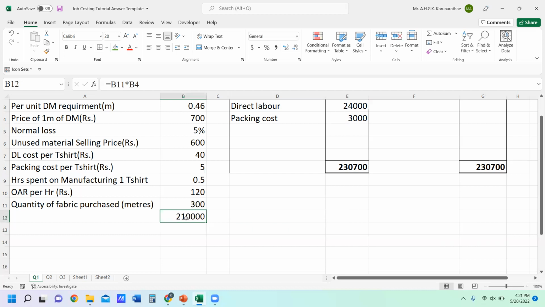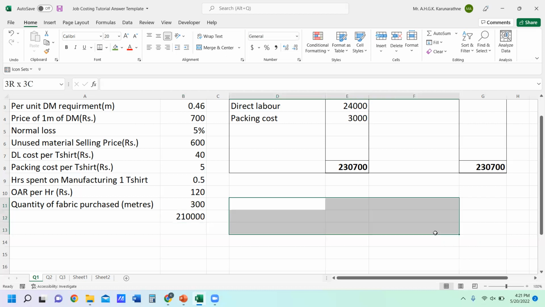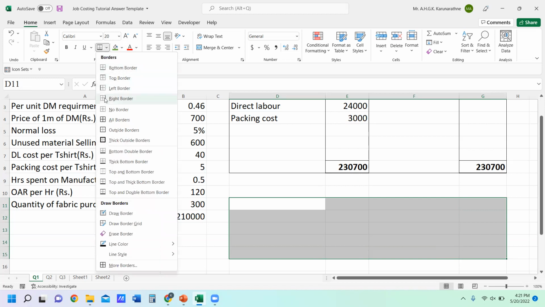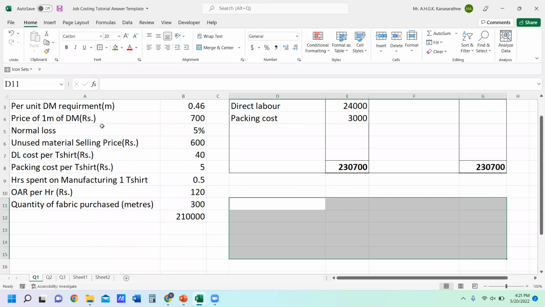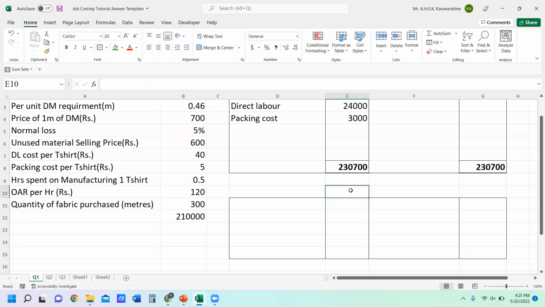Supplier credit or bank credit, we debit the raw material control account. Let me show you that account. This is the raw material control account. In management accounts we emphasize the accounting part.